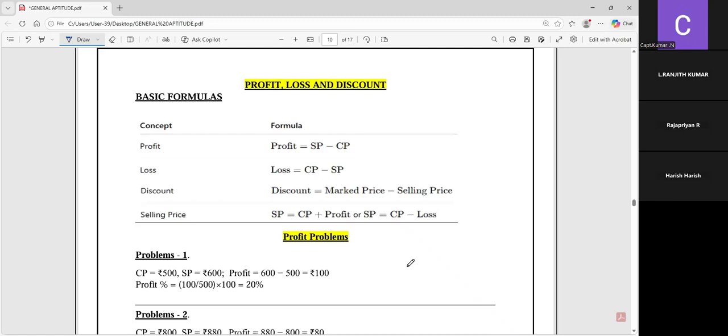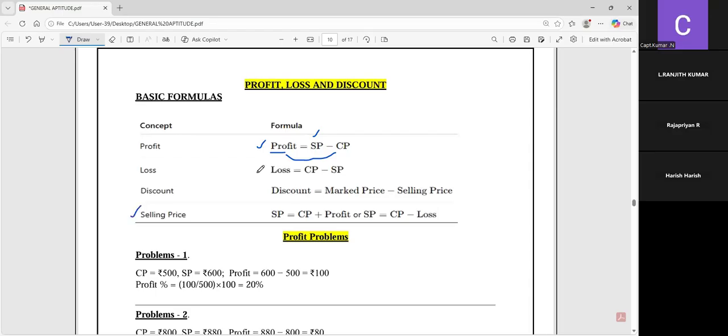And the very last important formula is selling price. See here. Take this formula. So I want the selling price. So cost price will come from that side. Here, profit plus cost price. That is what I say.